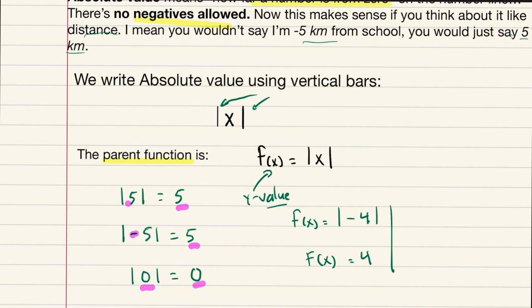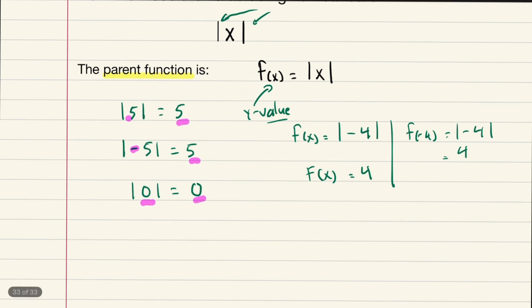Now, if we write that in function terms, I would say that f of negative 4 for this function is going to just be 4. It's the same thing if I were to write f of x is equal to, let's say, 2, and I want to know what the value of f of 2 is. Well, it would just be 2, irregardless of the sign.